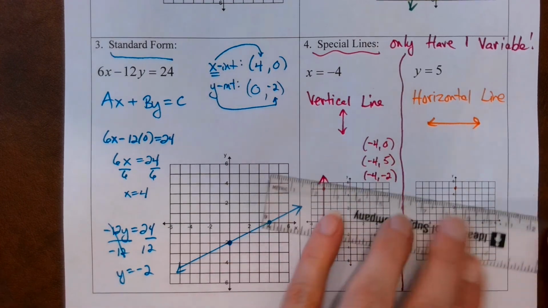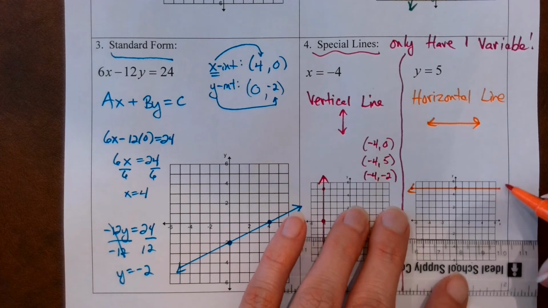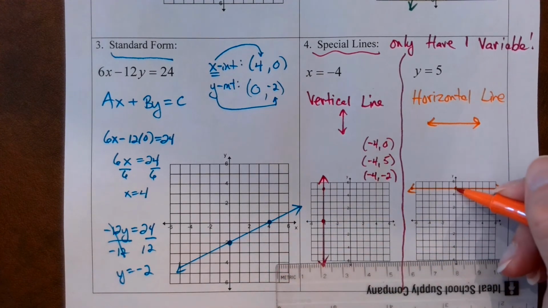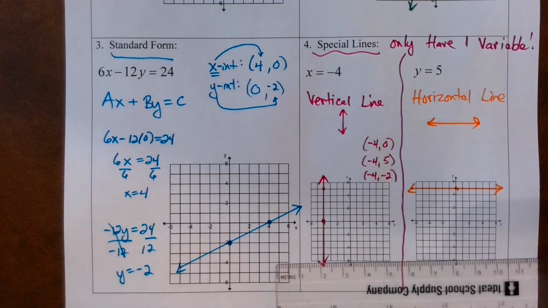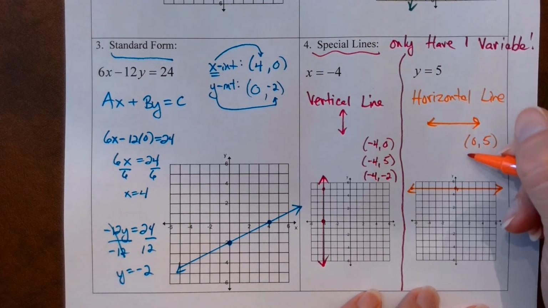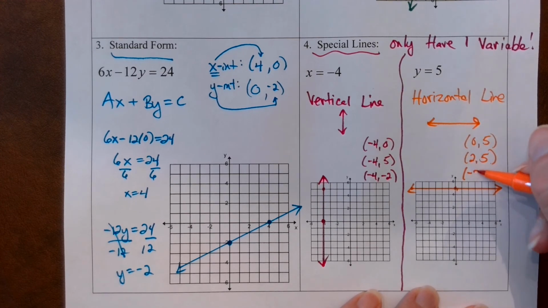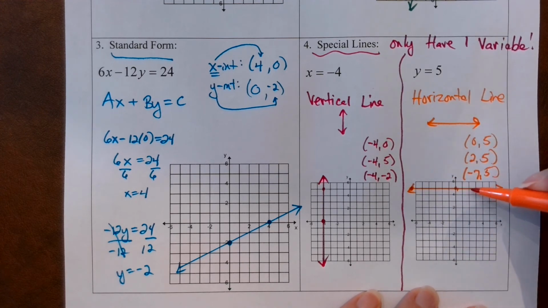We're very quickly just going to draw a nice horizontal line, touching the y-axis at 5. If this is hard for you, you can make up points again, 0, 5. As long as you make the y be a 5, 2, 5. Or I'll make the x be -7, 5. So we're going to get a bunch of points where the y's are all 5.